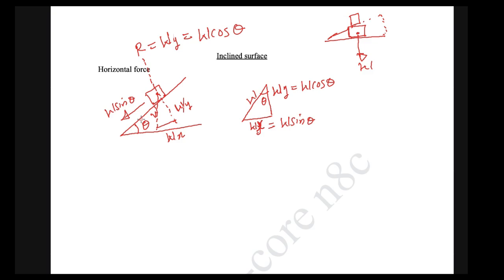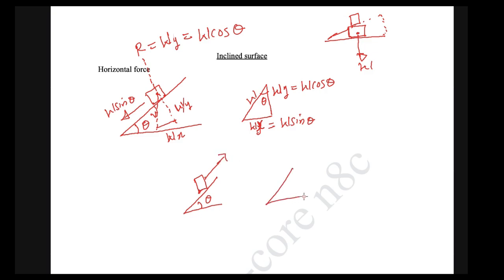All right, so I will leave it there for now, because for an inclined surface, you can have different scenarios of question. You can have a scenario in which the object is on an inclined surface and a parallel force is applied downward.